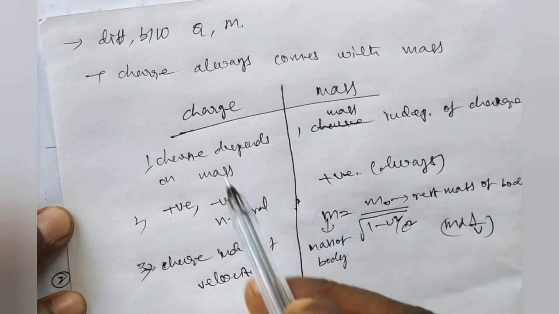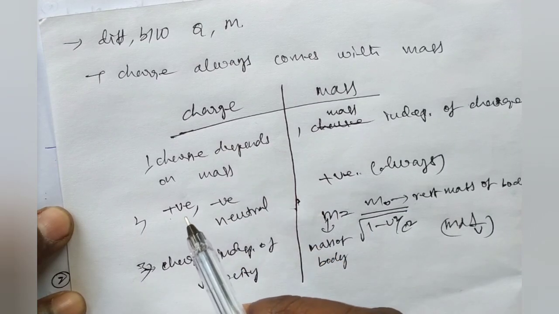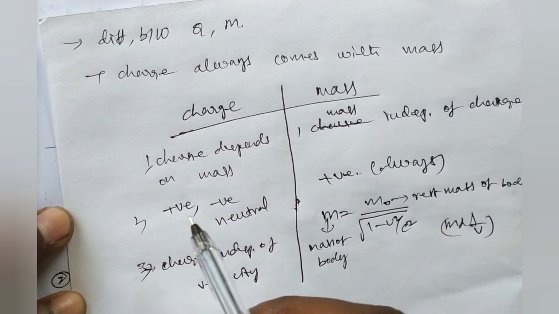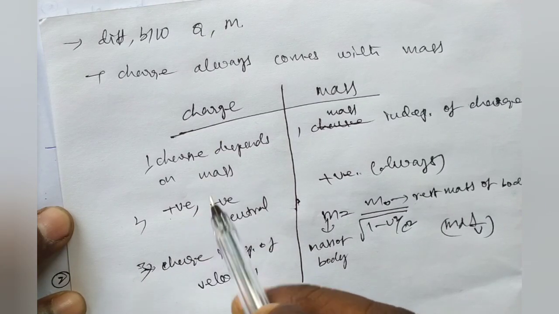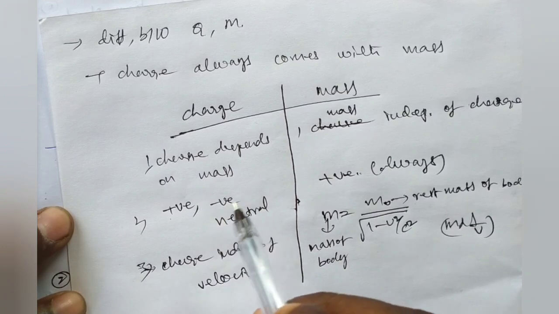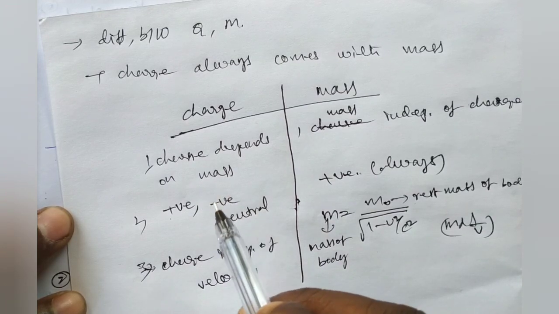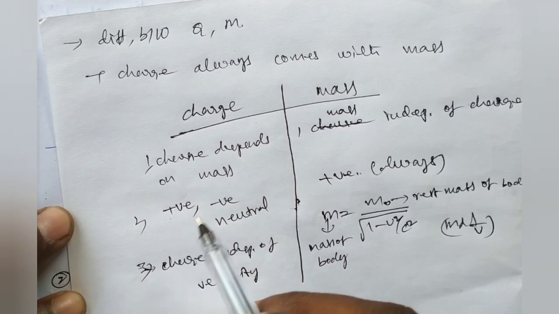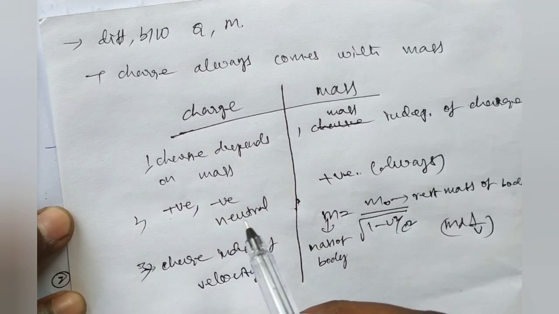In the case of charge, there are two types: negatively charged charge carriers and positively charged charge carriers, and also neutral. Neutral is nothing but the number of negative charge carriers being equal to the number of positive charge carriers. That is a neutral body, where the net amount of charge is equal to 0.